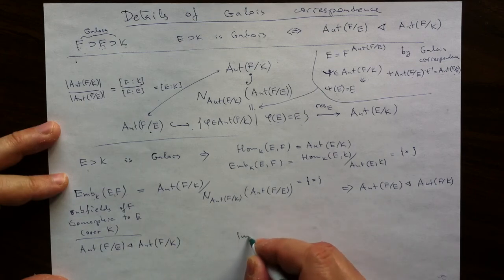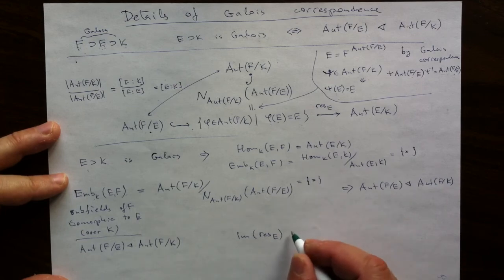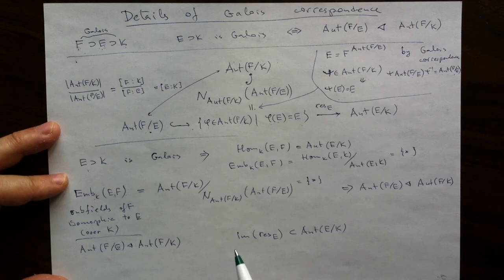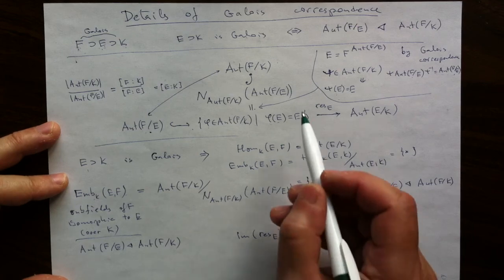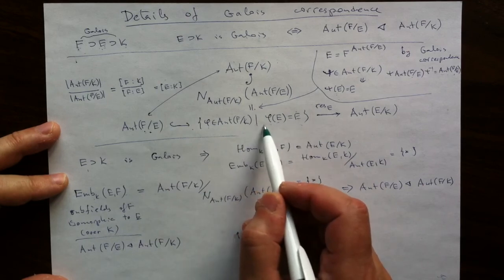So the image of this restriction, which is a subgroup of the symmetry group of E, is well bounded by the index of this group inside this group.